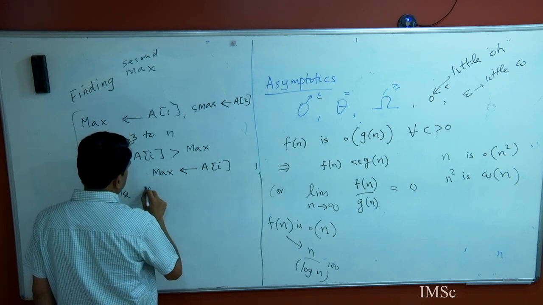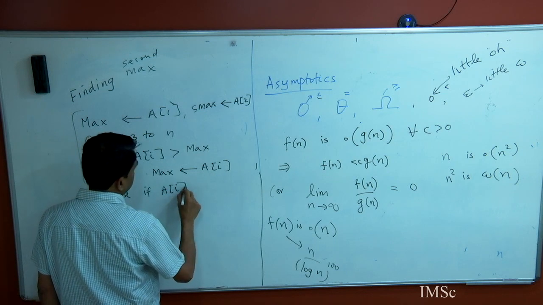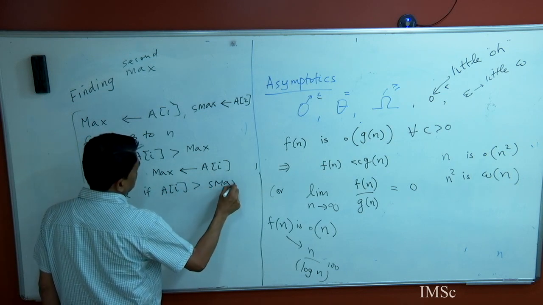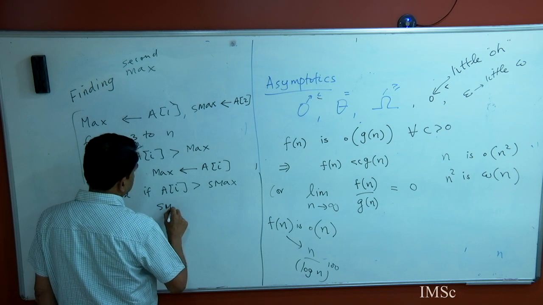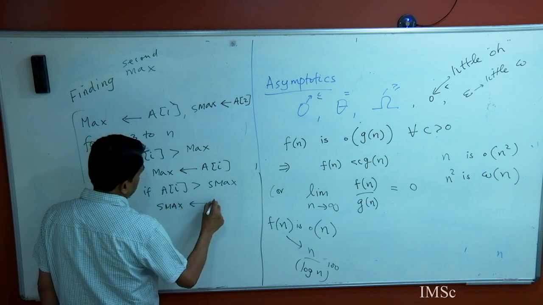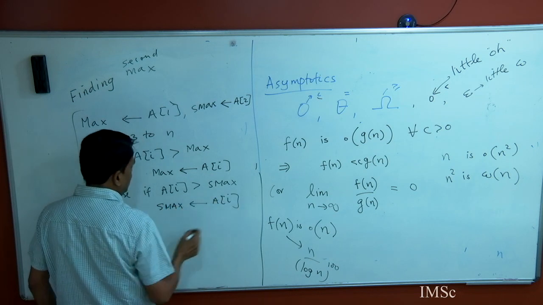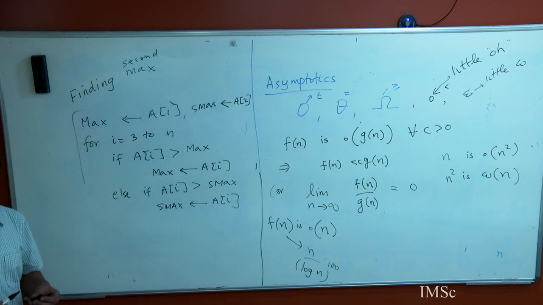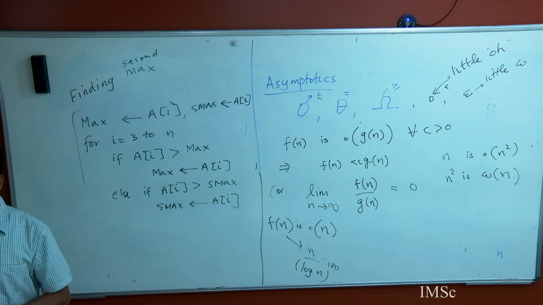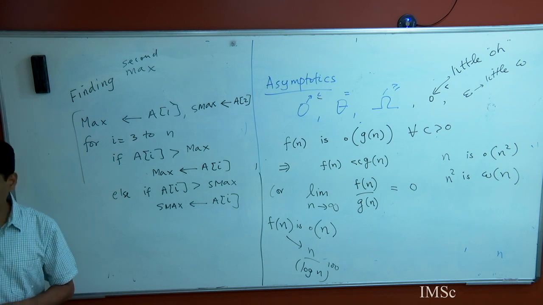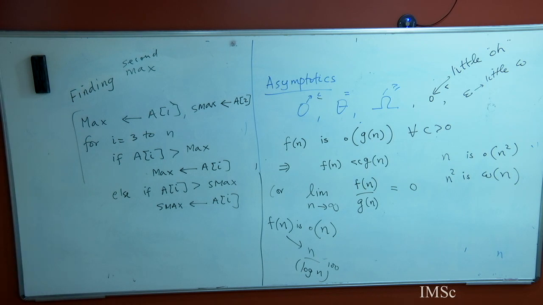Else, if ai is greater than second max, then second max would be ai. Else, don't do anything. Is that the algorithm you had in mind? You're maintaining two elements, running through a loop, comparing with each one and updating it.